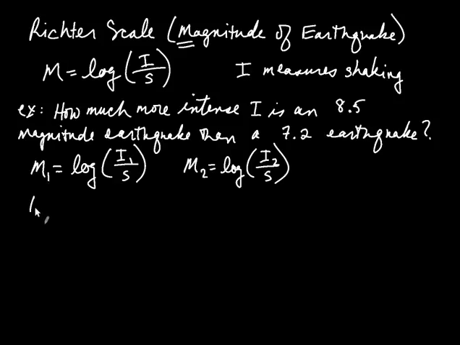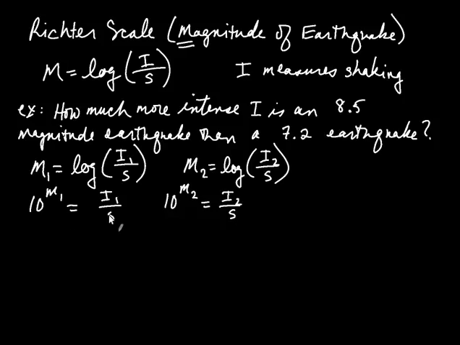That is, 10 to the m sub 1, the first magnitude, is equal to I1 divided by S. That's how you solve a logarithmic equation. And likewise for this one, 10 to the m2 is equal to I2 divided by S.